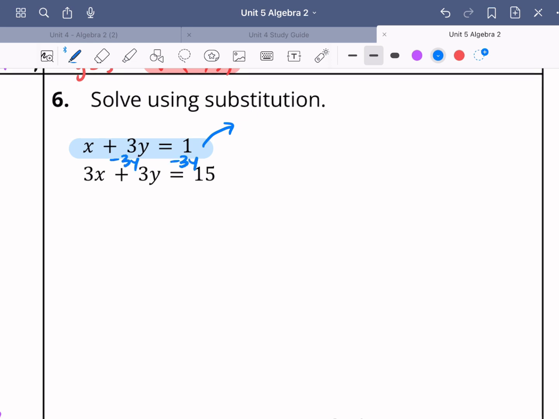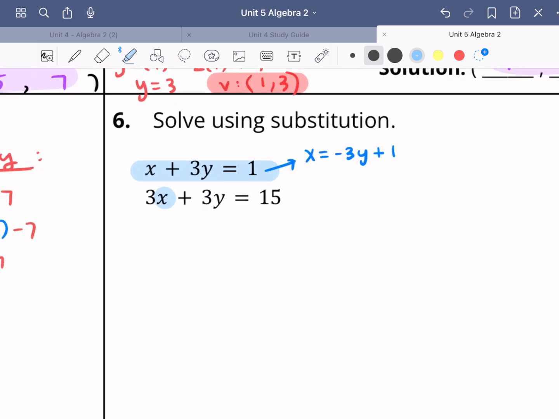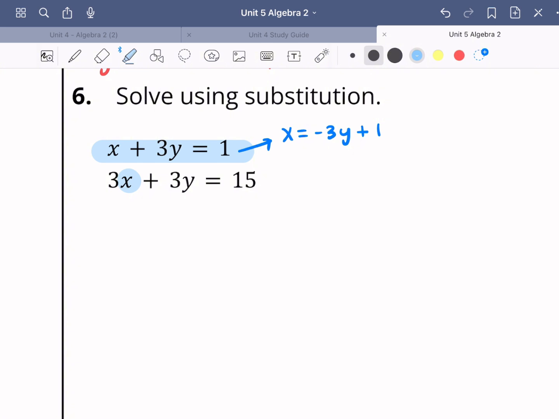So I end up having x equals negative 3y plus 1. Because I solved for x and not y, I have to substitute this in for x in the other equation, not y. So let's go ahead and do the substitution here.